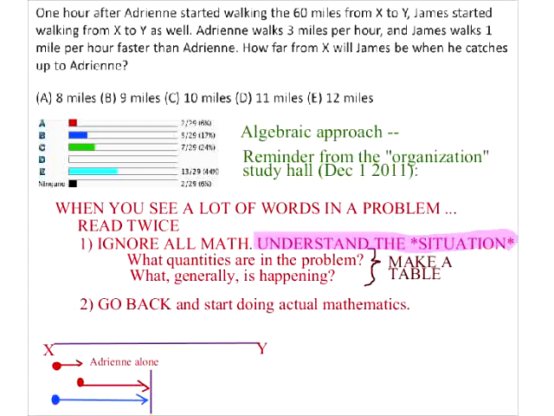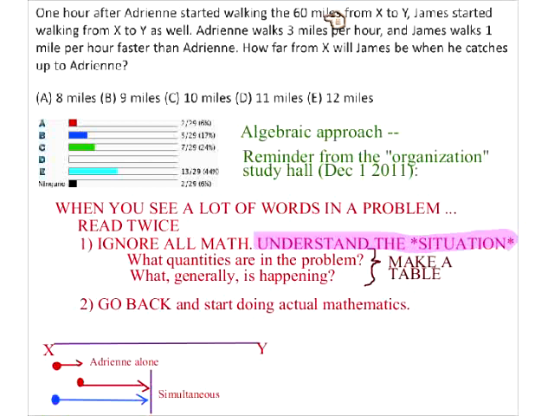So these walks here are simultaneous, but first, Adrian gets a head start because she walks by herself. If you did not realize that this is what's going on, then that means you got into doing math too early, and you were not thinking about the problem. You're not asking, what's happening in the problem? Because the fact that they walk 60 miles is absolutely unimportant here.